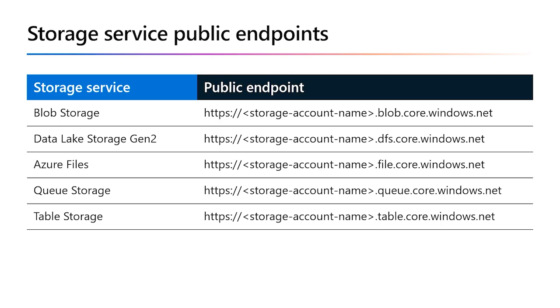For example, for accessing blob storage, the endpoint is https://the name of your storage account.blob.core.windows.net. For the Data Lake Storage Gen 2 type, the URL has the word DFS in it. For Azure Files, it's file. For queue storage and table storage, their URL will have the word queue or table in it respectively.